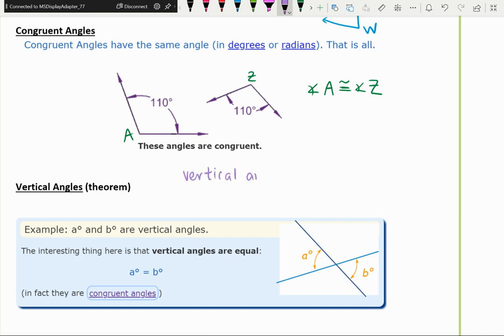Vertical angles are opposite each other when two lines cross.